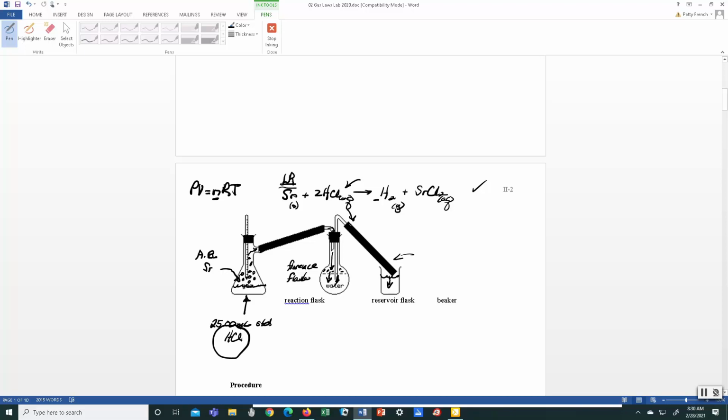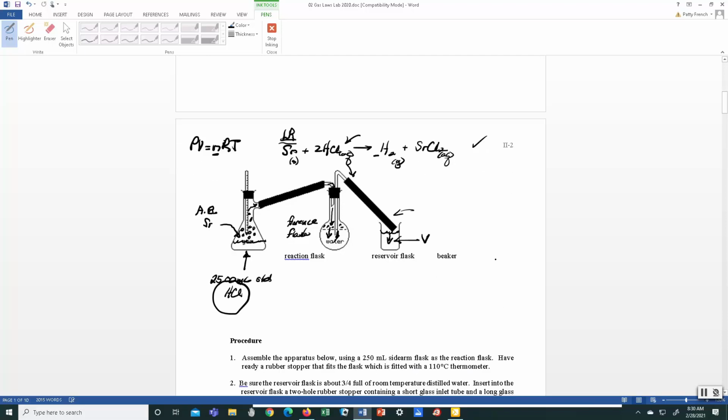The water is going to come out, and a certain volume of water is going to be deposited into the reservoir flask. So that's the procedure. I'm not going to be telling you all the details. That's something that Mr. Proetta will tell you in the actual lab video that he's doing. But I want to get across to you what's actually going on.